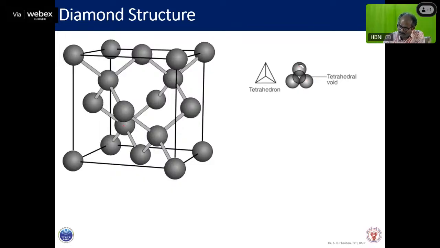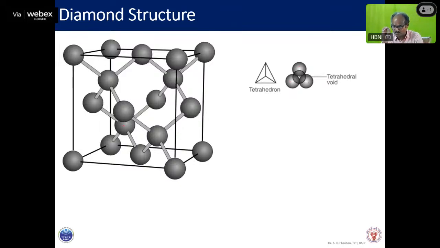Just imagine for the time being that you have only 4 spheres and you want to pack them very closely. You will put 3 spheres in this way, and then put the 4th sphere exactly above.